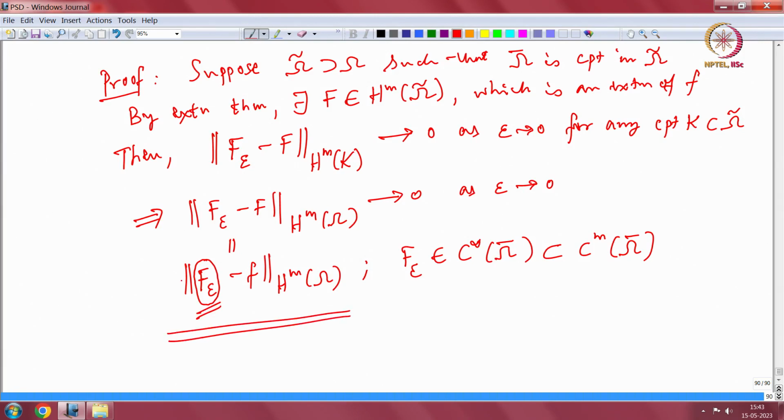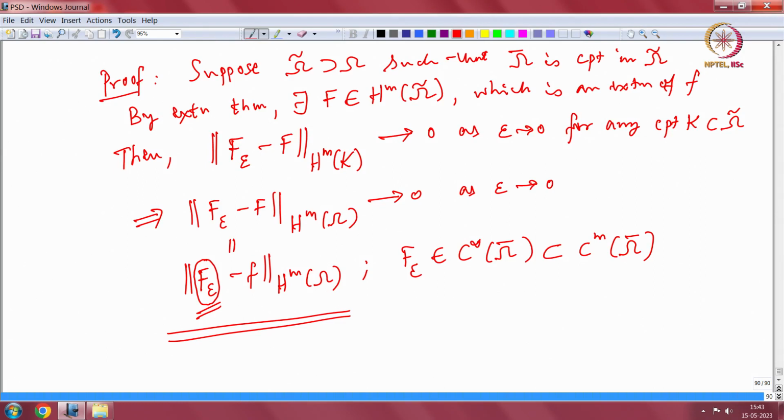You can also use the extension theorem to extend the function to the whole of R^n. If time permits I will say that.